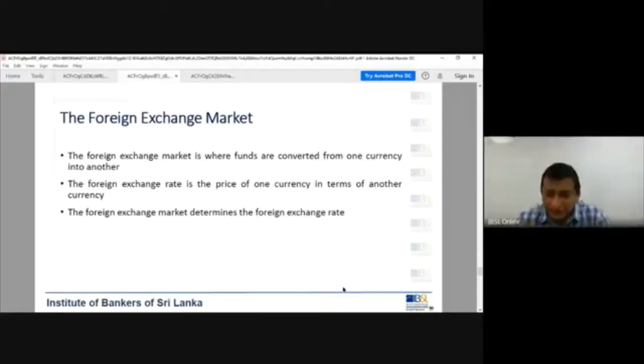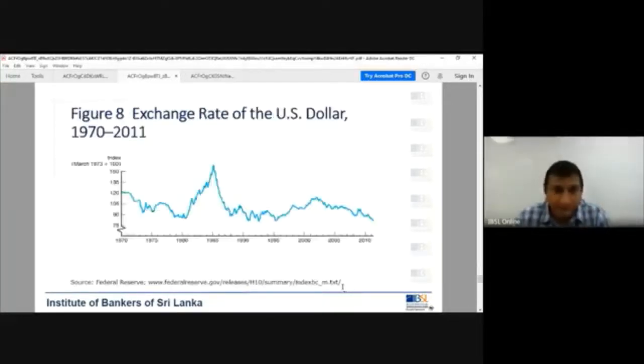These are very simple but very clear definitions and understanding of aspects in financial markets that we will gradually get into and try to learn throughout this program.